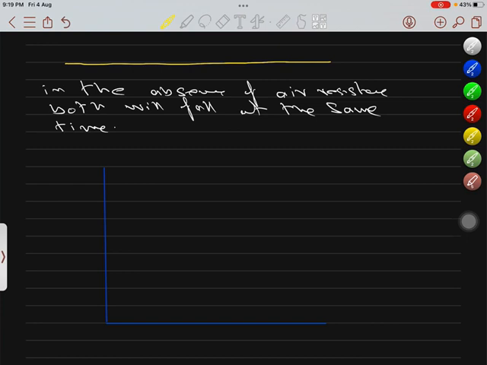So V, remember, is for speed or velocity and T for time. So the graph of the terminal velocity will be like this. This is a typical terminal velocity graph.